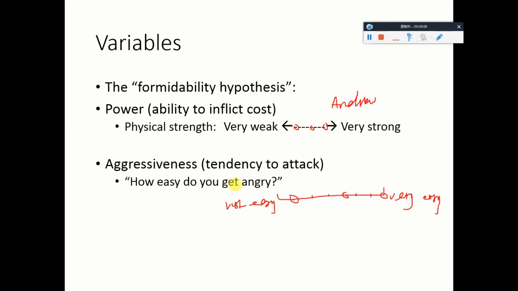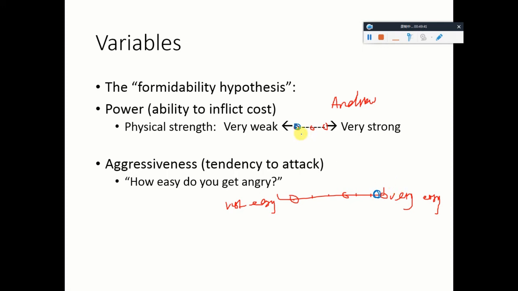If instead, let's say, let's change color. Zach, when he answered these two questions, he answered the first question here. He's very weak, physically speaking, but he answered the second question by scoring here, indicating that he's actually very prone to anger, getting angry very easily.